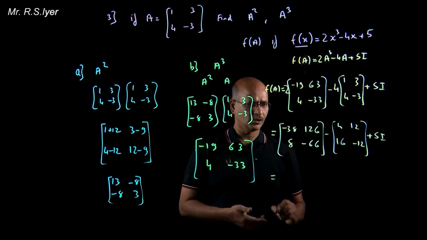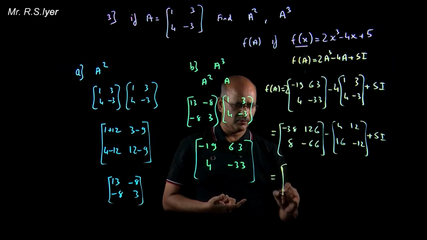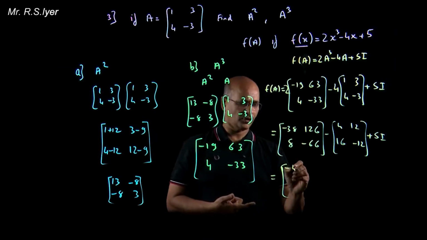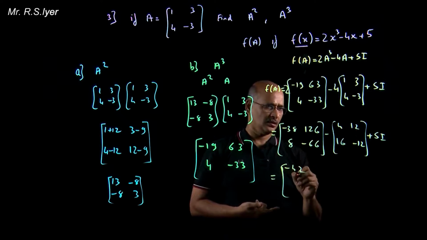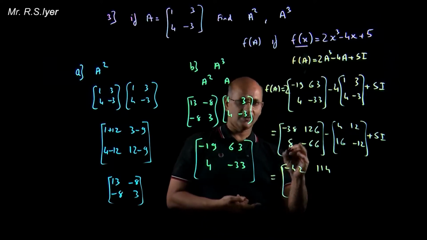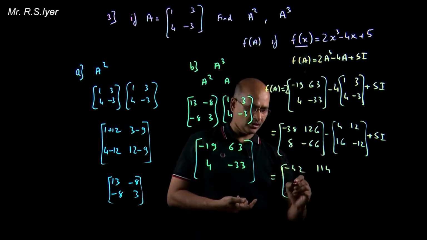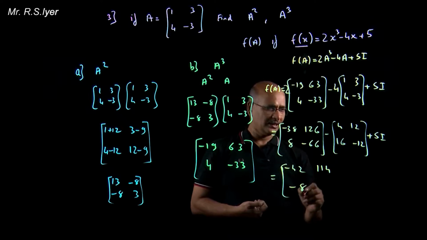Now minus 38 minus 4 is minus 42. 126 minus 12 is 114. Then 8 minus 16 is minus 8, and minus 66 minus 12 is nothing but minus 78.